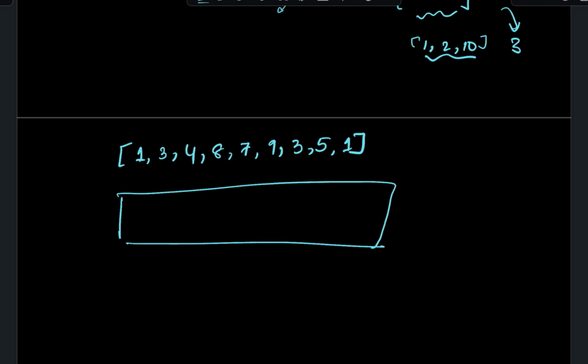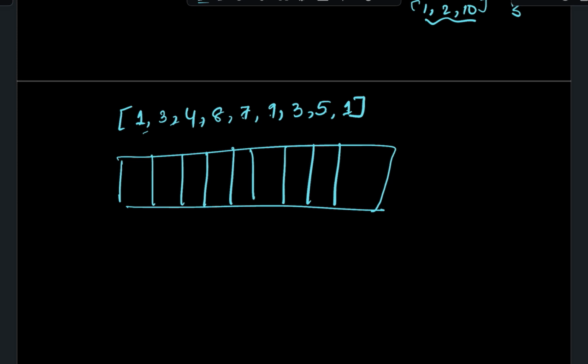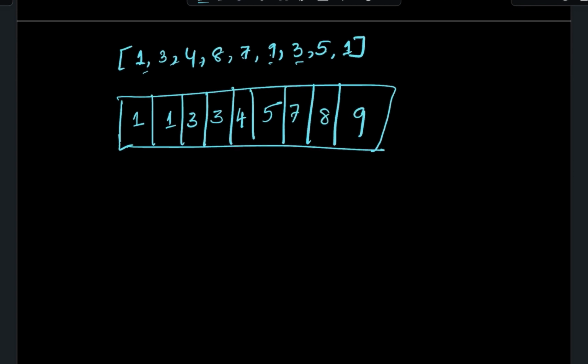How many elements do I have? 1, 2, 3, 4, 5, 6, 7, 8, 9. 9 elements. Now let me sort it. So it's 1, 1 and then 3 and again 3 and then 4, 5 and 7, 8, 9. Okay, after sorting, this is how my array looks.